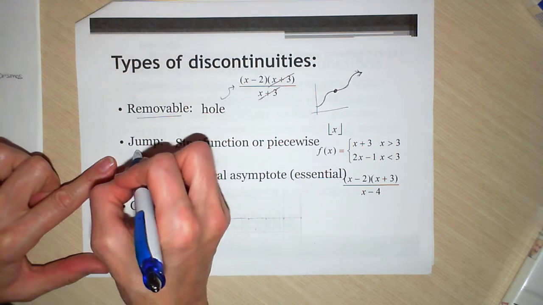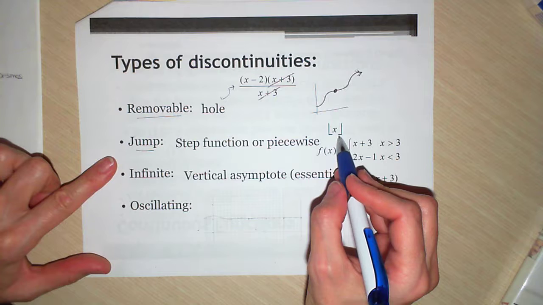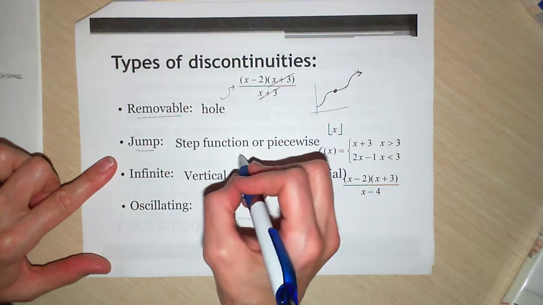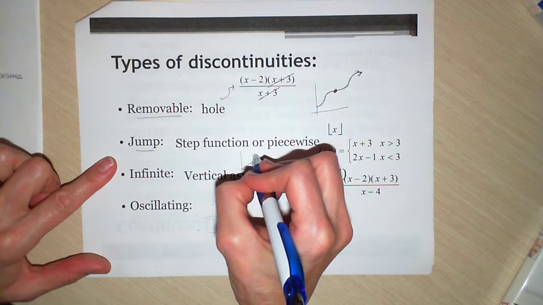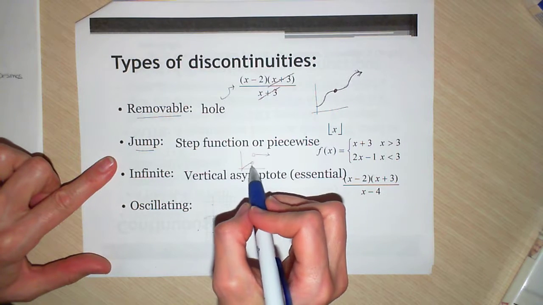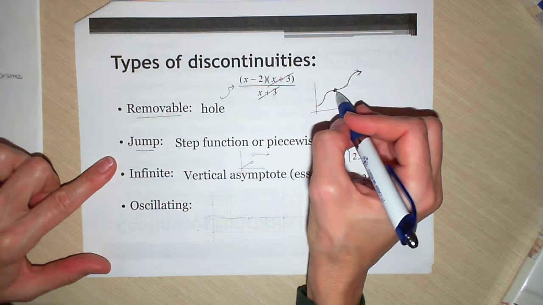The next one is jump. But if you think about step functions and greatest integer and least integer functions, right? If I'm doing something like this, I can't remove that discontinuity. I can't just fill it in like I could up here.